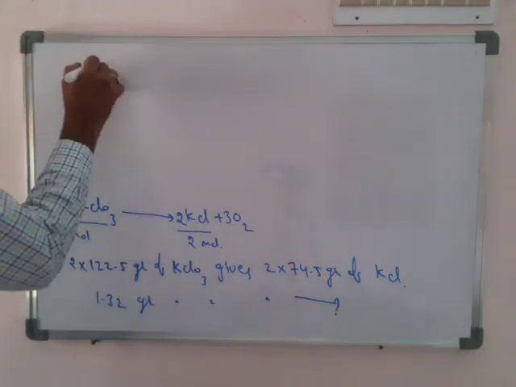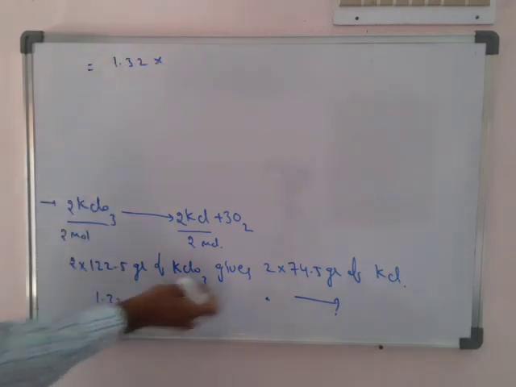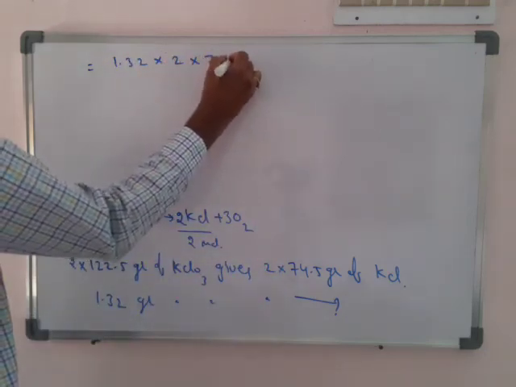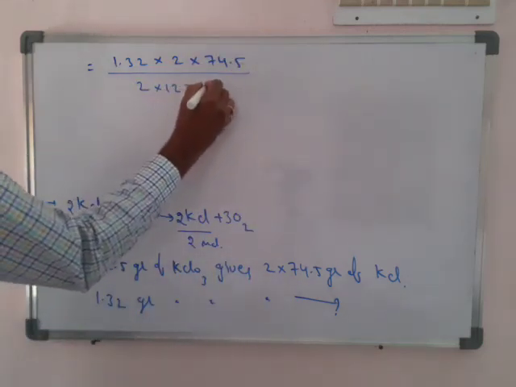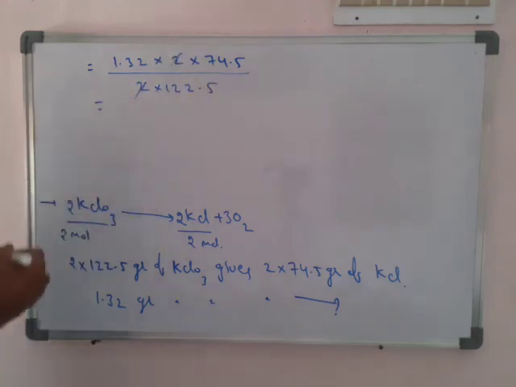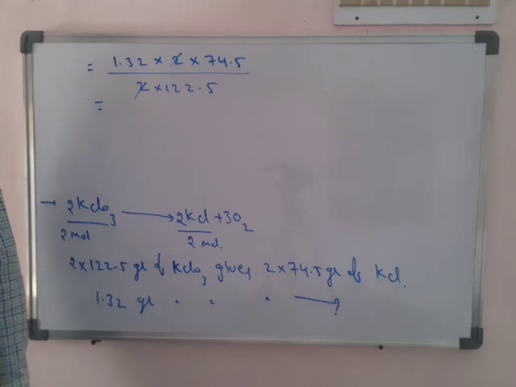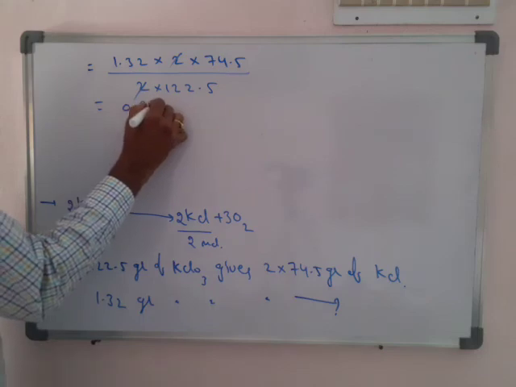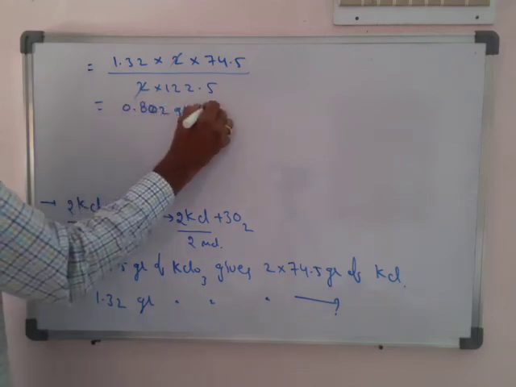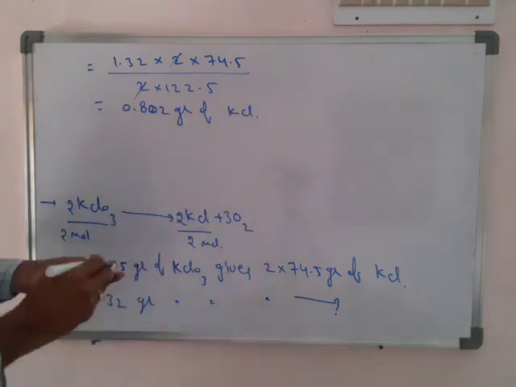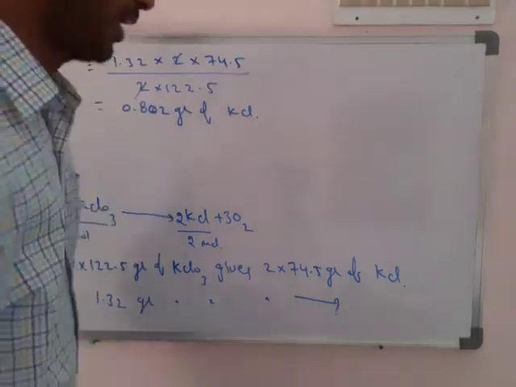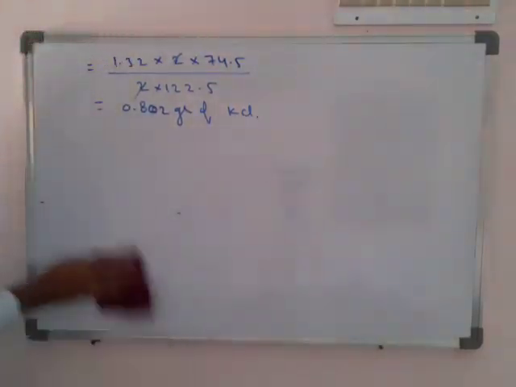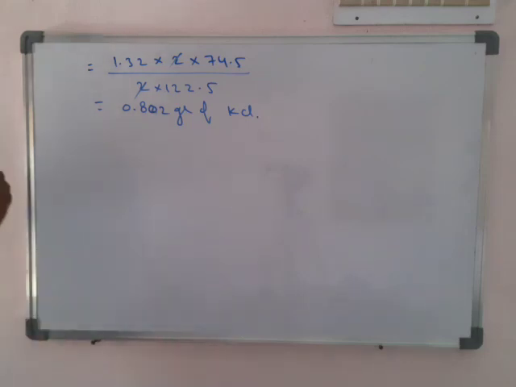On cross multiplication with 1.32, the 2 gets cancelled but we are not multiplying that. On the overall calculation we will get 0.802 grams of KCl residue. So for the total residue, we have to add the sodium carbonate residue and this residue.